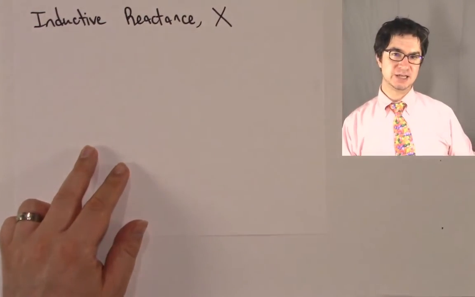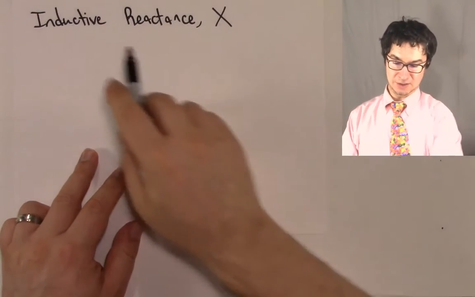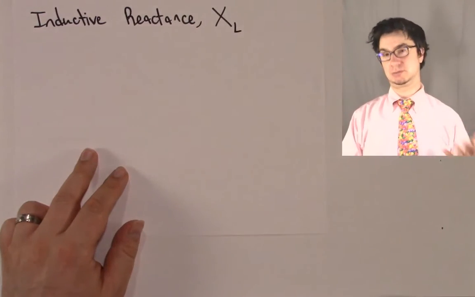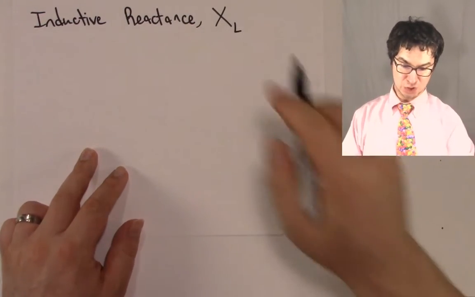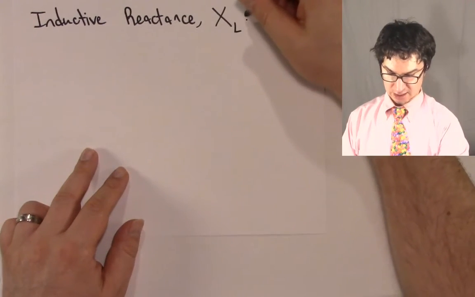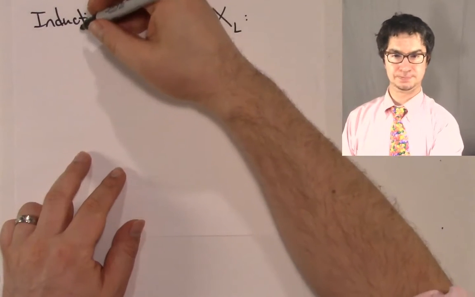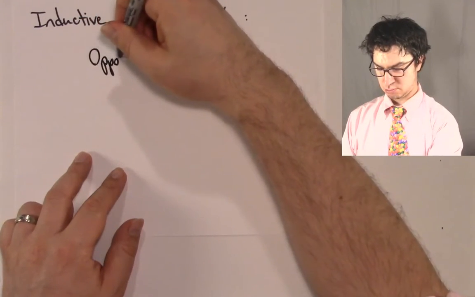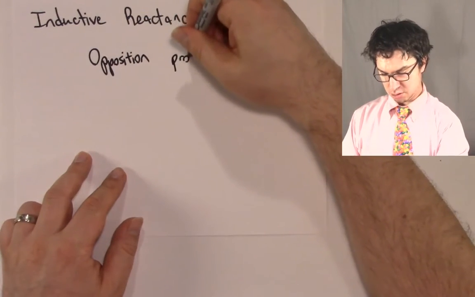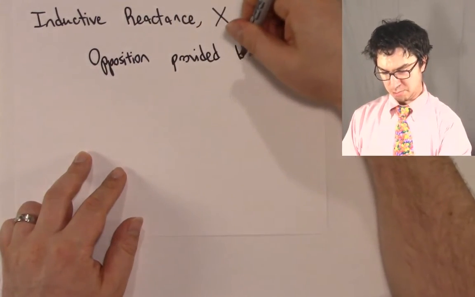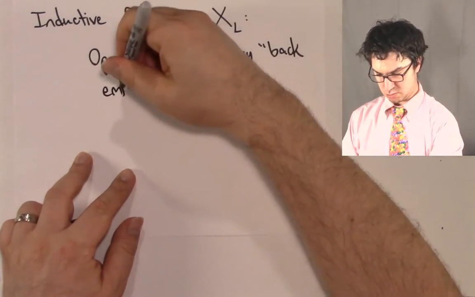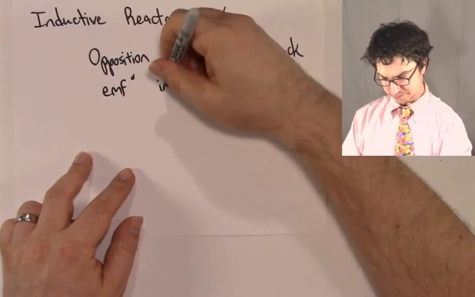And whereas the capacitive reactance was X sub C, this is an inductive reactance, so it's going to be X sub L, because the symbol that we use for inductance is L. So this is X sub L, and what it is, is an opposition provided by the back EMF in a solenoid.